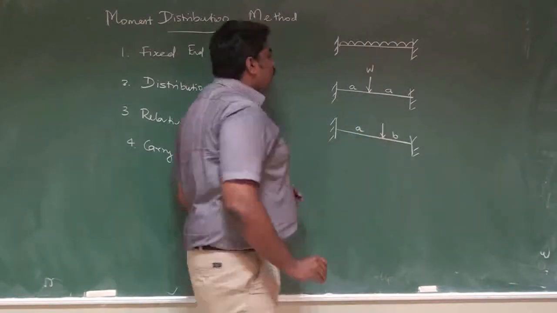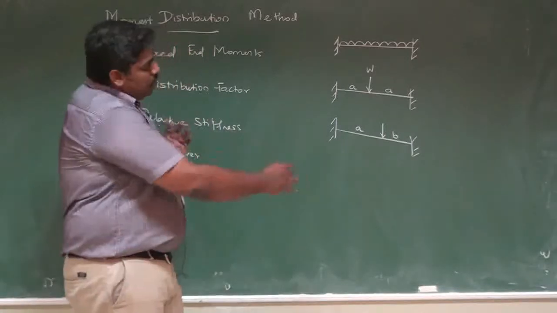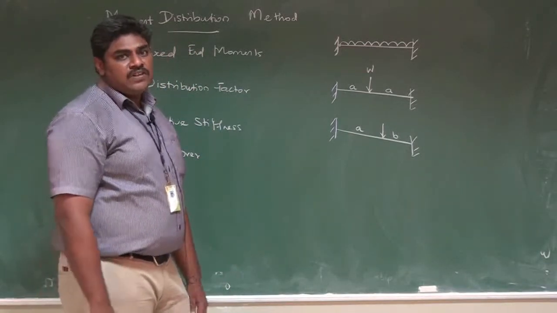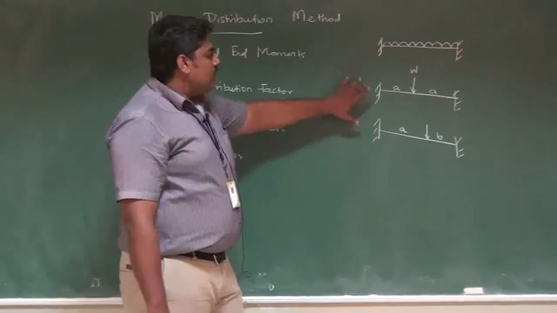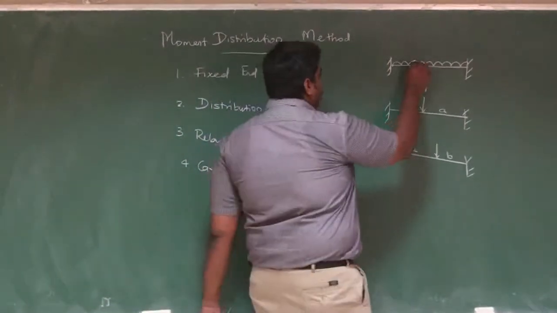A, B, right? So assume the first step will be fixed end moments. We have to split whatever number of spans is given into individual fixed beams. So normally these 3 types of loading conditions we will have in our problem.